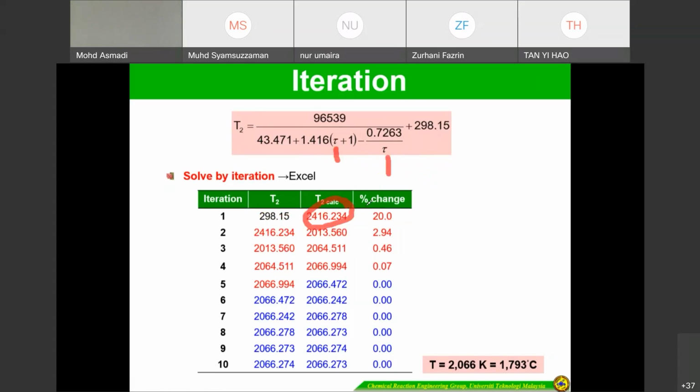And then T2 divided by T naught. So just substitute into this one. I got this one, this one, until it converges. So this I consider as the convergence. Okay, so I got this one, 2066. After how many iterations? 4 or 5.